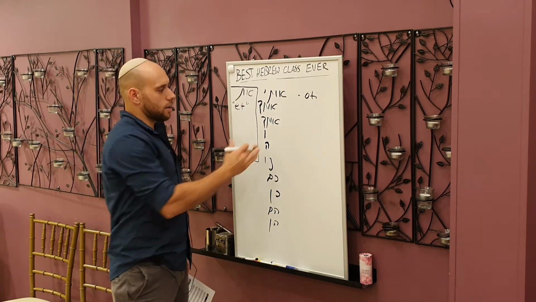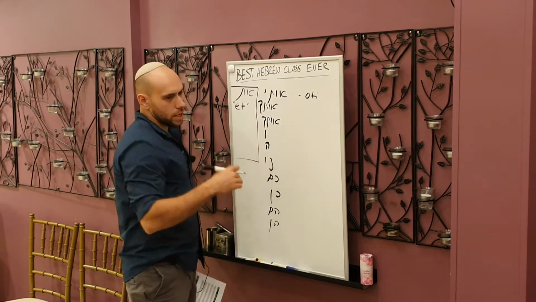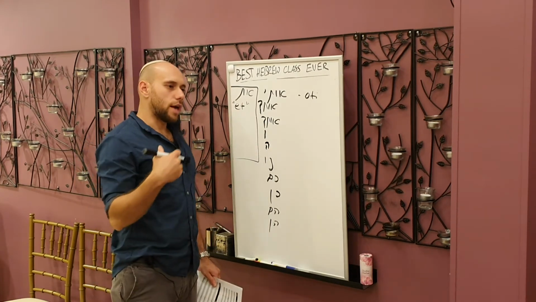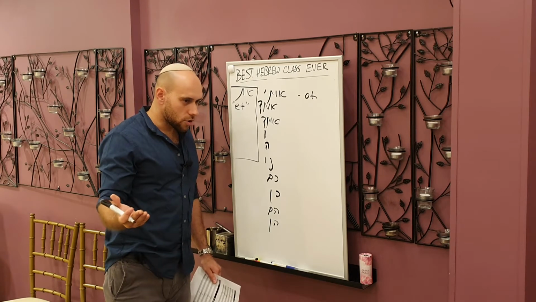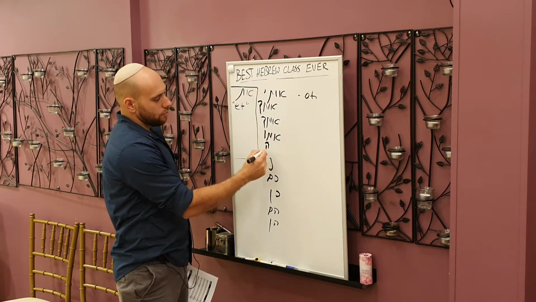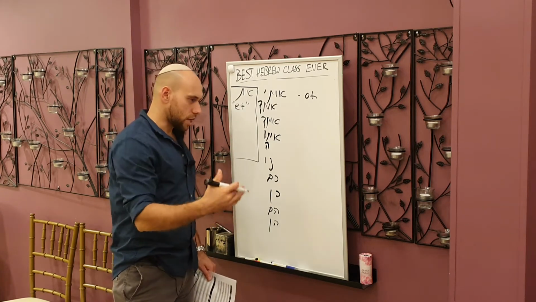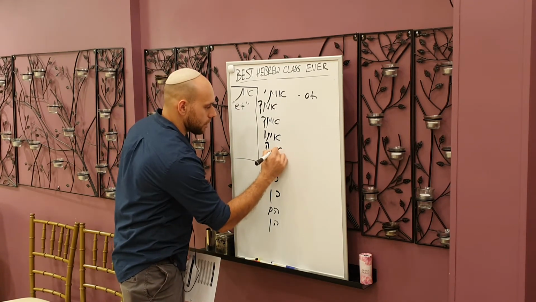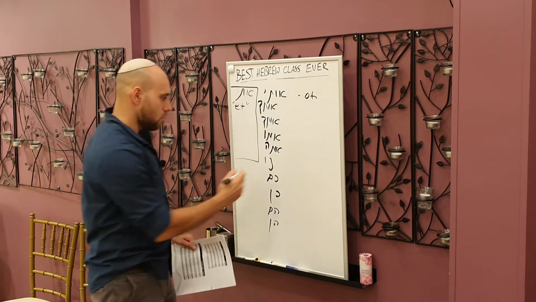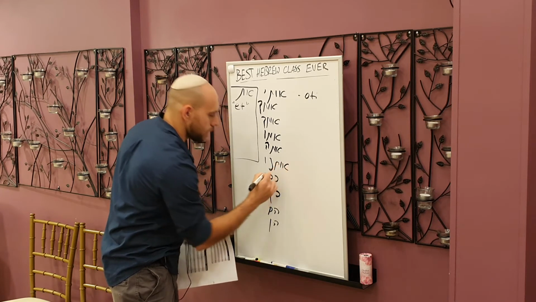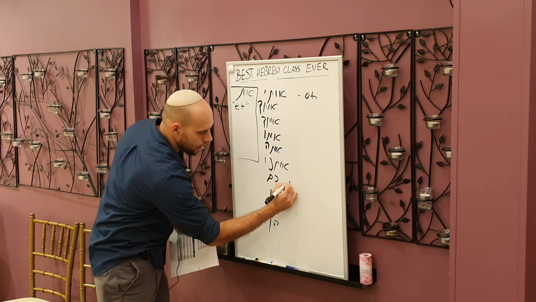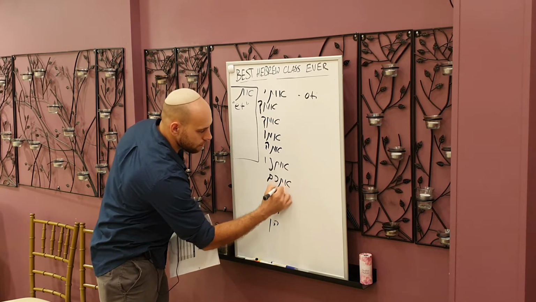Now o is him. We said lo, to him. Now if you do it to et, you get oto. And what if it's her? Ota. And then us: otanu. See, it's like mathematical: ot plus ending. Then etchem.